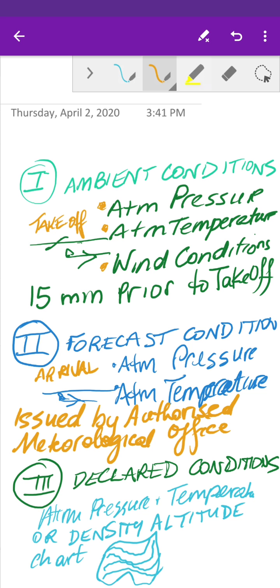So you find where your terminal is, where your aircraft is, and you find your density altitude. It might be 1,600 feet at that time of year. And we're going to use that information to calculate what we need for takeoff and landings.